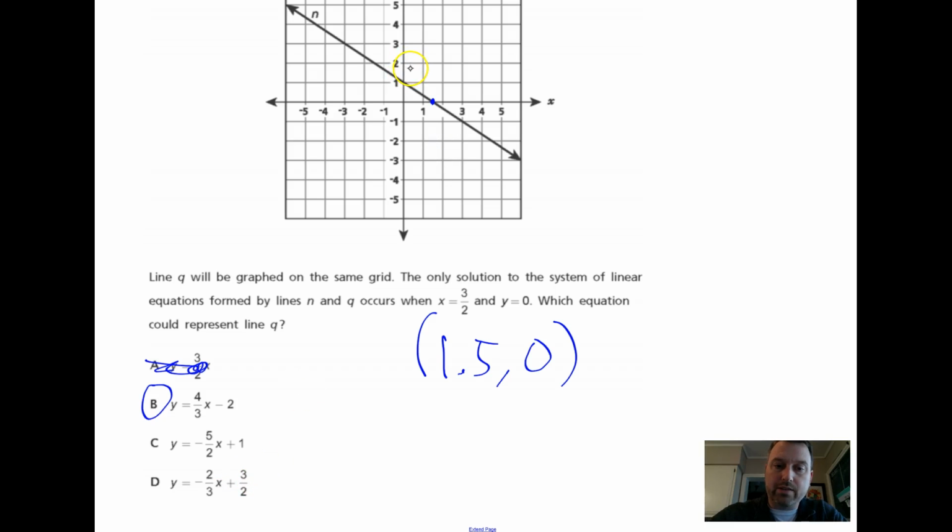So start at 1.5 here, and go down 2, 3 to the right. 1, 2, 3. Okay, so not quite. I know that line's kind of squiggly, but you get the gist of it.